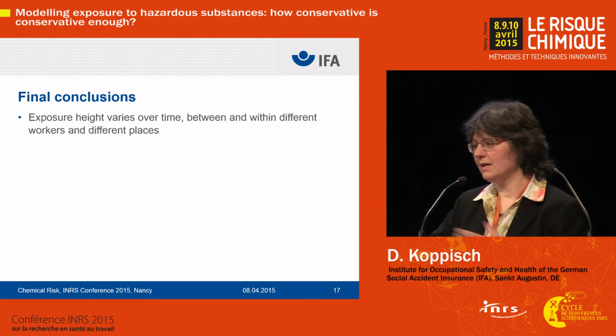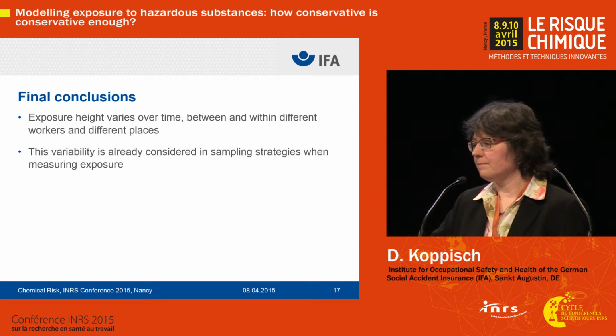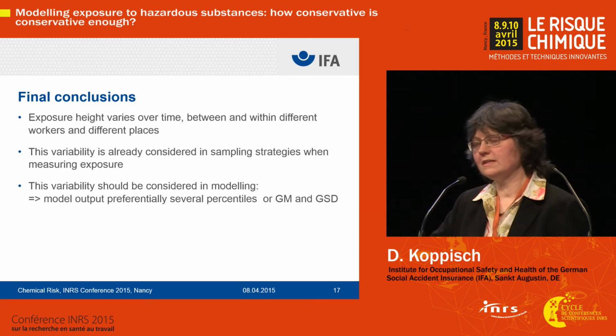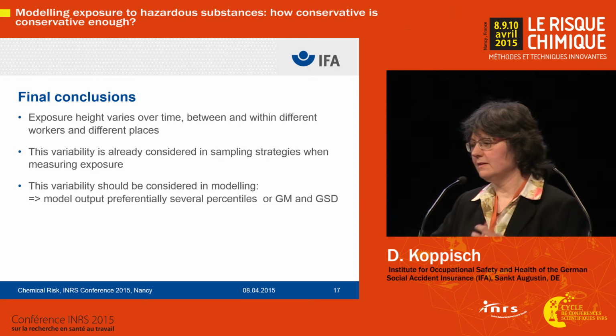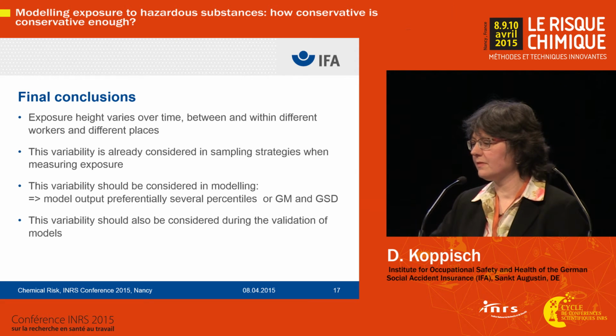So this is my last slide. My final conclusions would be exposure height varies over time between and within different workers in different places. I think you all would agree. This variability is already considered in sampling strategies when we are measuring exposure. So we think this variability should also be considered in modeling, and therefore model outputs should preferentially give you several percentiles or geometric mean and geometric standard deviation so that you can calculate percentiles.